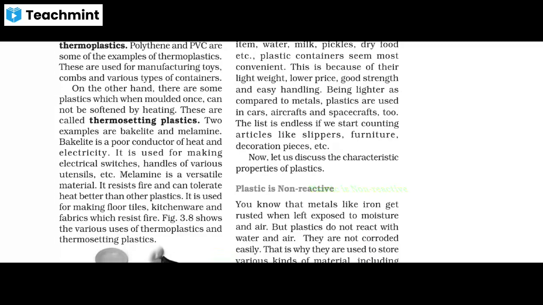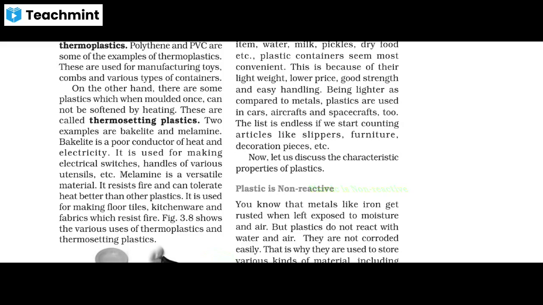Bakelite is a poor conductor of heat and electricity. It is used for making electric switches and handles of various utensils. It resists fire and can tolerate heat better than other plastics.